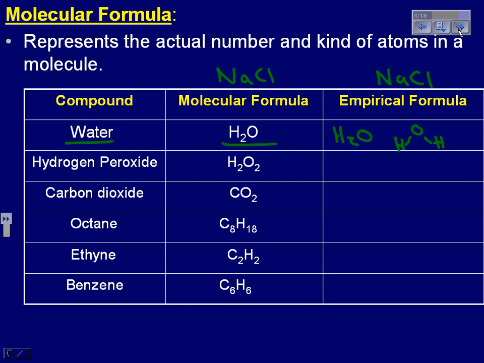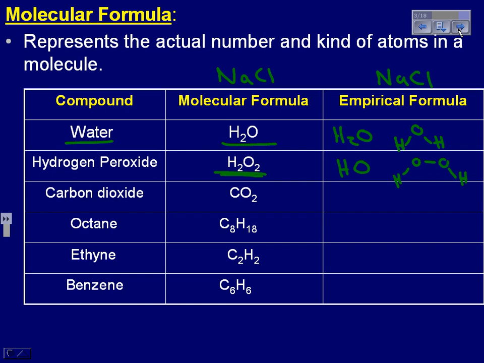Now, if I'm talking about something like hydrogen peroxide, which is a molecule that actually looks like this, it's got 2 units of OH stuck together. And so its molecule is actually H2O2. Its empirical formula would be HO.